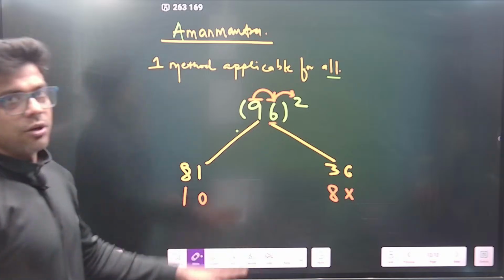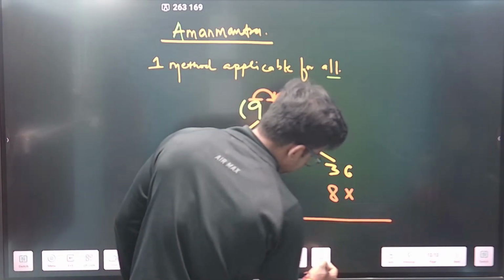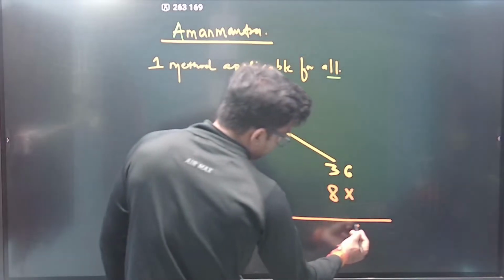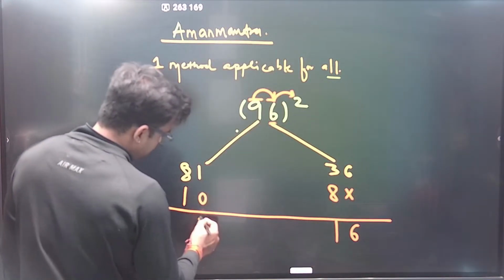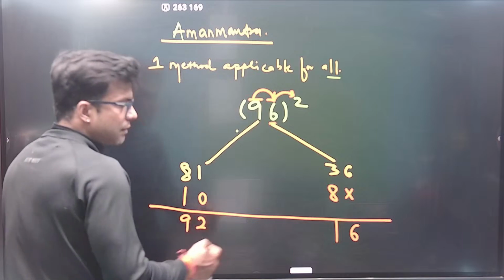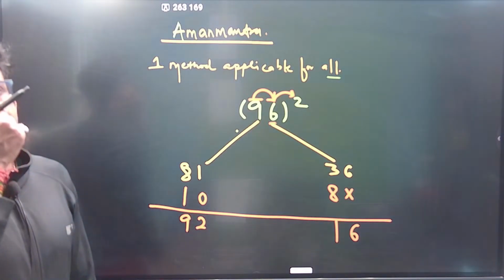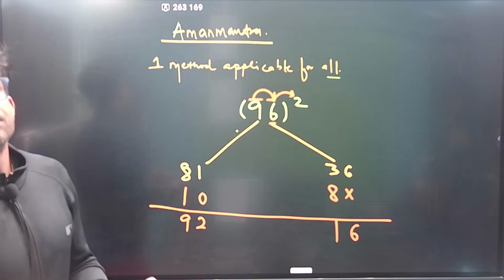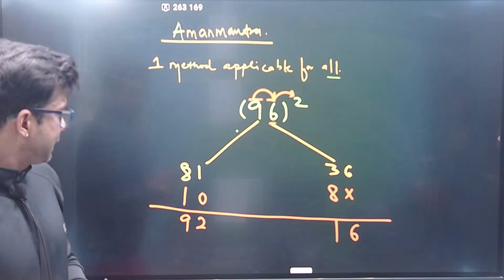This space should not be filled. Then you can simply add. So you'll get 6, 8, 3, 11, 1 carry, this is 2, this is 9. So the answer is 9216. I hope you understood.